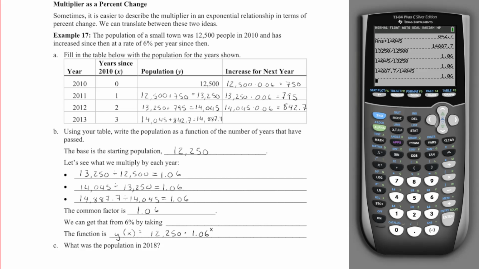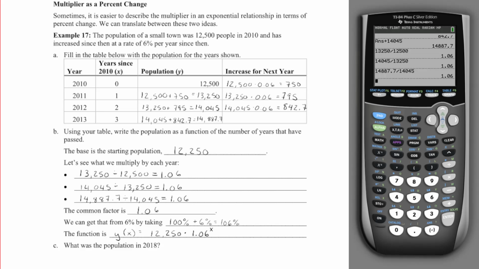But how could we come up with that 1.06? I don't want to come up with the 1.06 by making a big table every time, right? How could I come up with that just from the information given? Well, it's a 6% increase. So we start with the whole population and add on another 6%, which is 106%.